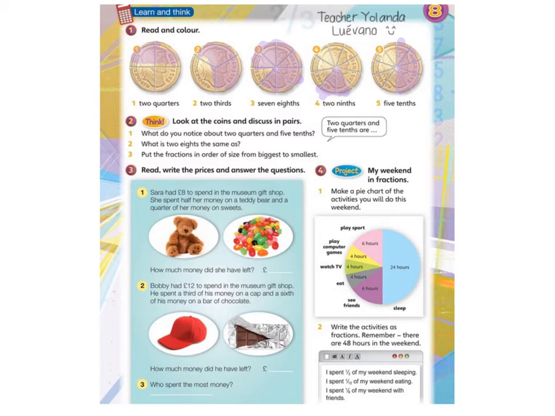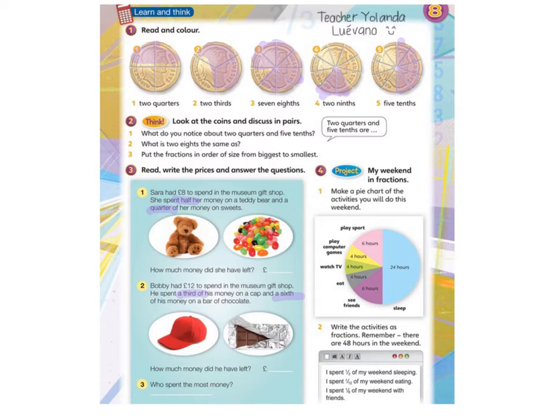In this one, we have half, a quarter, a third, and a sixth. So what you're going to do are divisions. Let's do this and we're going to discuss it later in our class. Make sure that you have all of these answers.